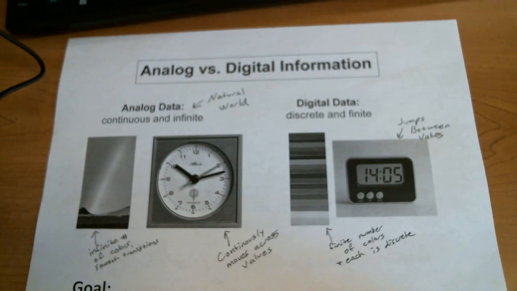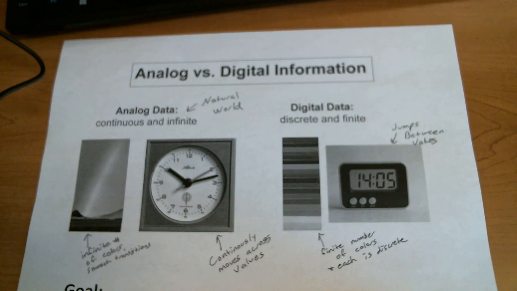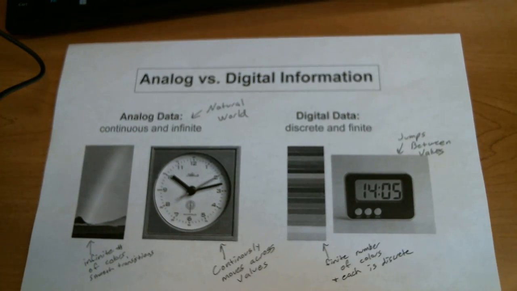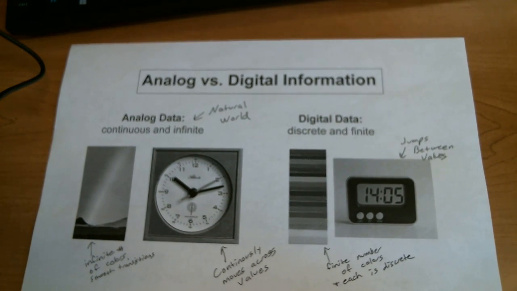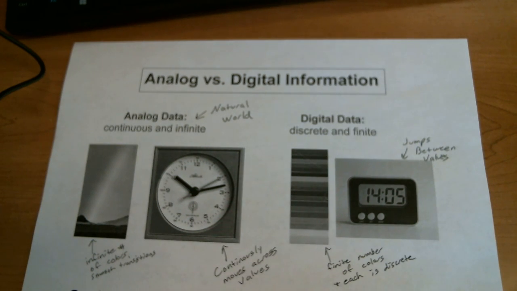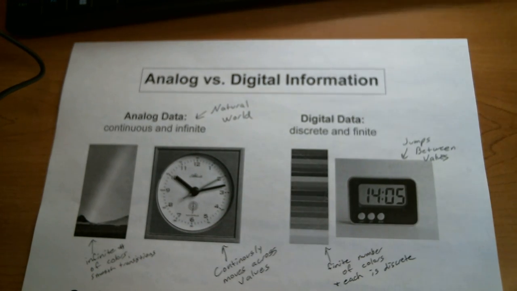You may have seen this sort of thing in a math class or a science class when you're differentiating between things that can be measured versus things that you're counting. That's one of the major differences: are you measuring it or are you counting it?